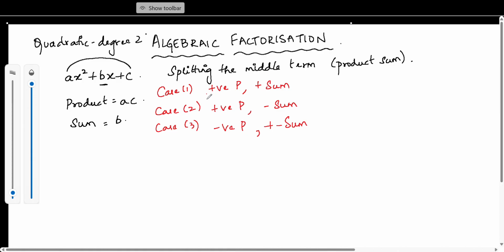The final sum, the sign of the sum decides the integers involved. I'll give you an example. X squared minus 3x minus 28. Here, the product is minus 28. The sum is minus 3.